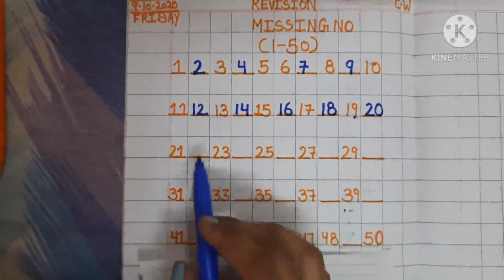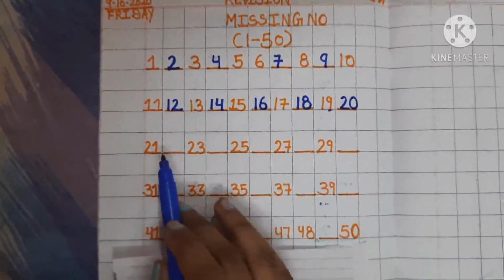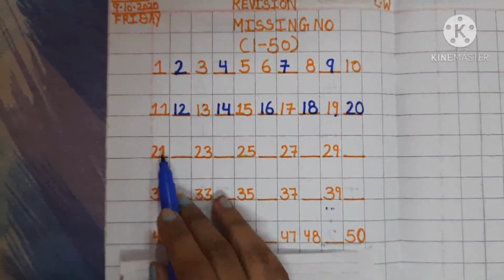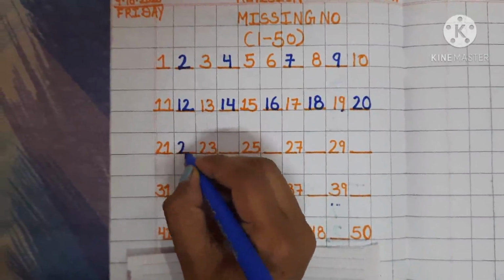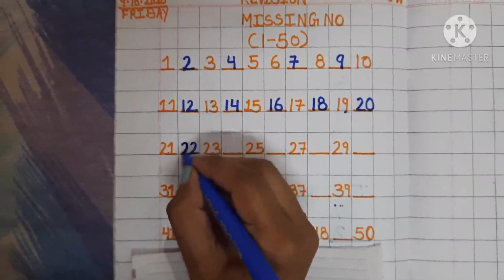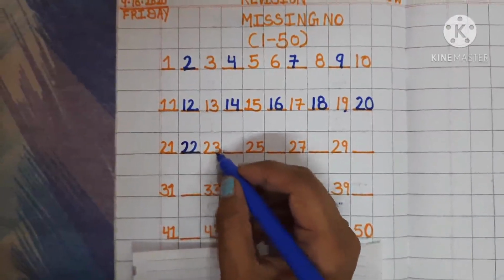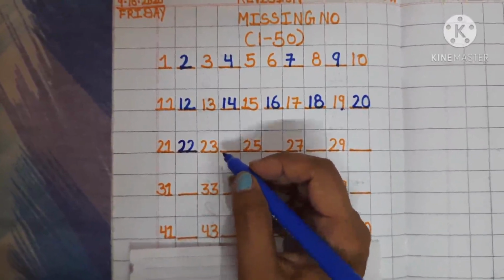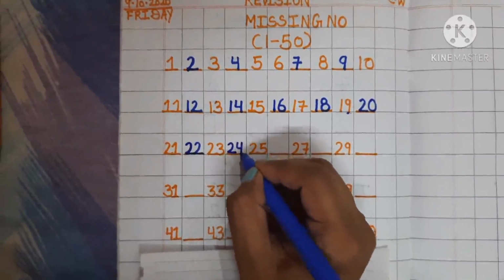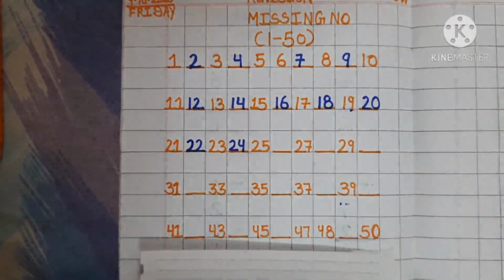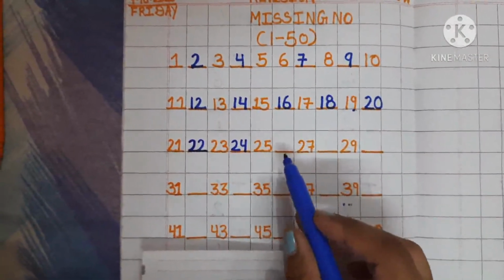Okay class. So now, sorry, 21. 21 after what will you write? Which number is missing? 22. 22 after what will you write? 23. Which number is missing here? 24. 24 after what will you write? 25. 25 after what will you write?